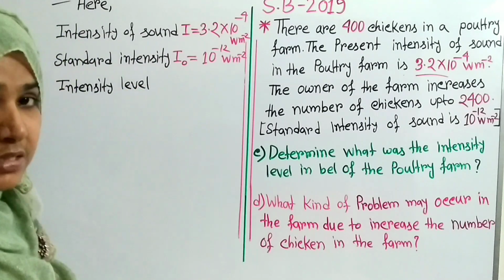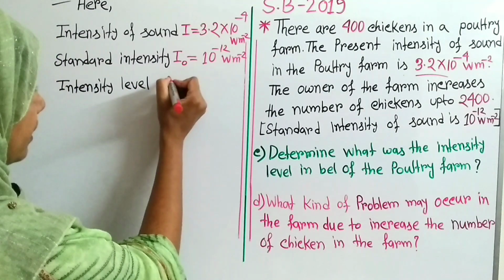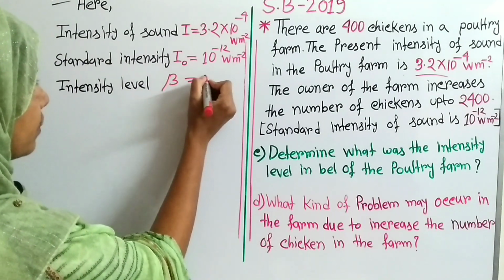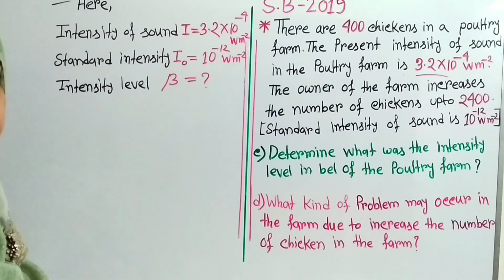And you know that intensity level is denoted by beta. So, beta is equal to what?